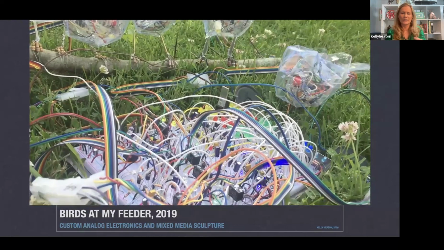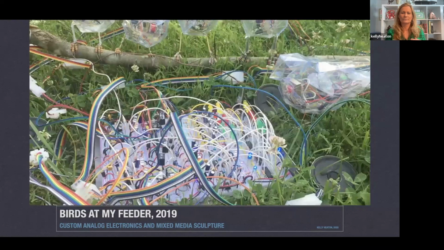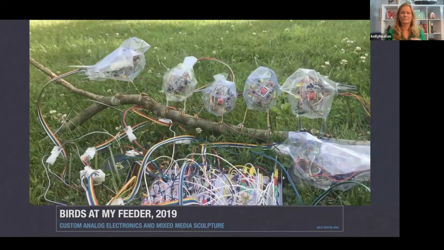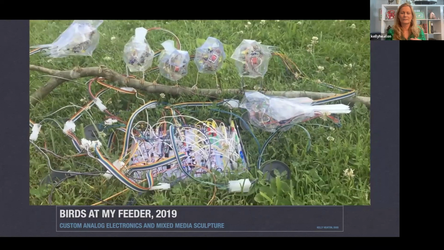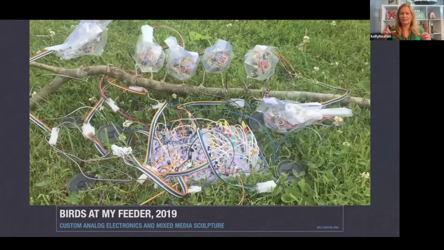They're all generated by the circuits inside of the birds. And the reason that it sounds like the birds are singing at different times is because they are, because that central piece is turning them on and off in different patterns.